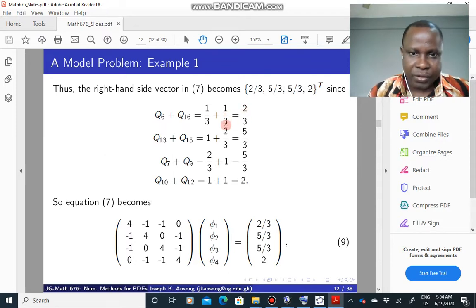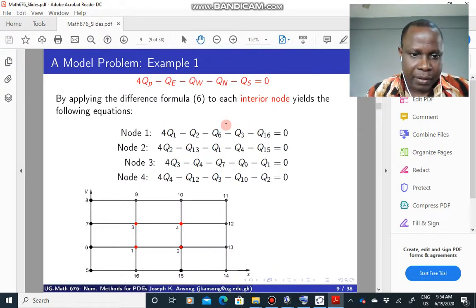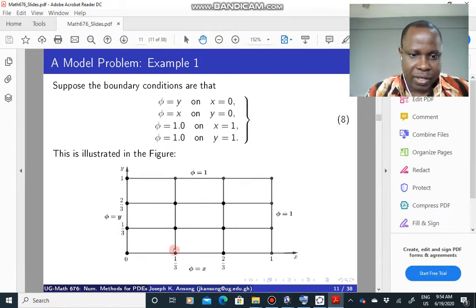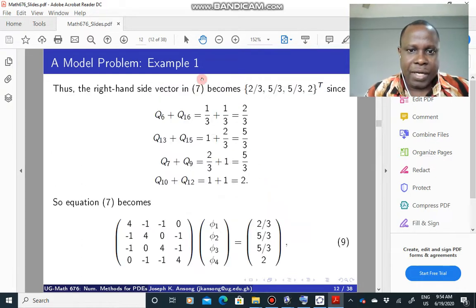If you go back, 6 is this guy, which is 1/3, 16 is this guy, which is 1/3. Note that this is 1/3, that is 1/3. And so that is what gives us 2/3 here. You do the same for the other ones. You get 5/3, 5/3, and then finally you get 2 for this. So you plug this into the right hand side and you have this system of equations.